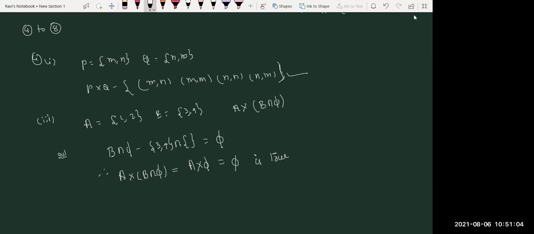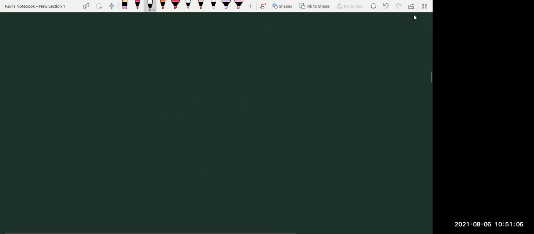Next question number 5 again. Minus 1, 1. They'll ask you to find A cross A. If they ask in Monday's exam, one more year also they can ask.